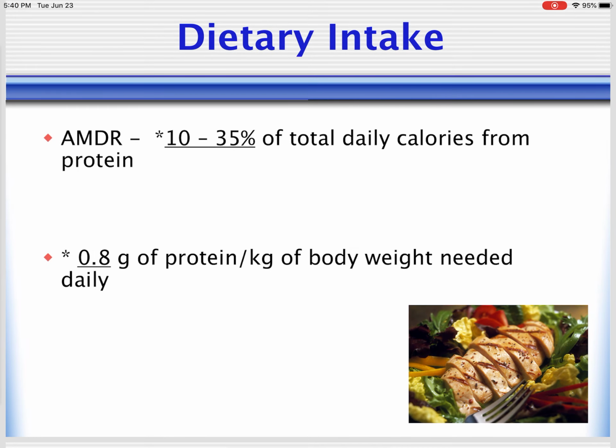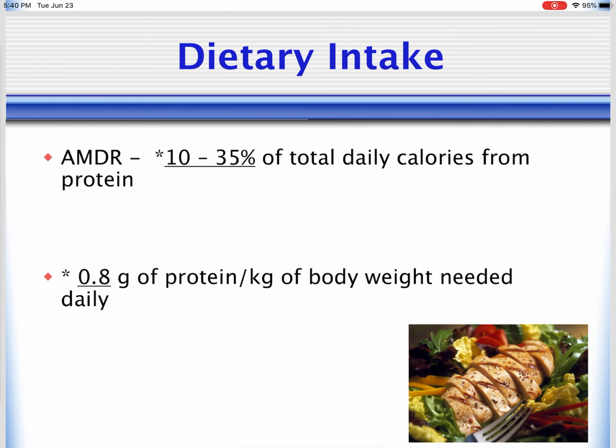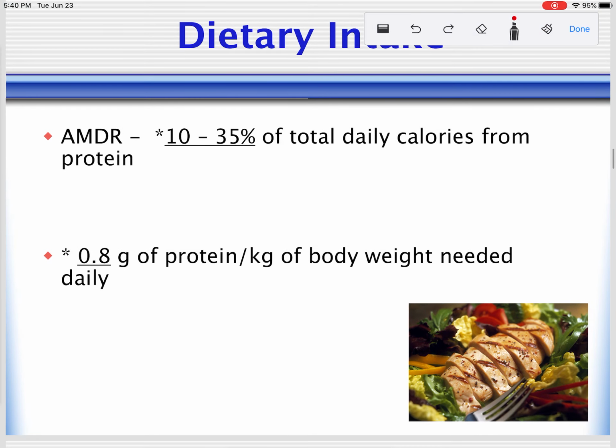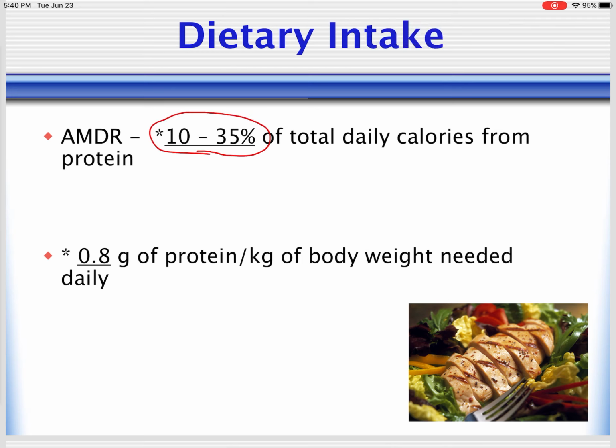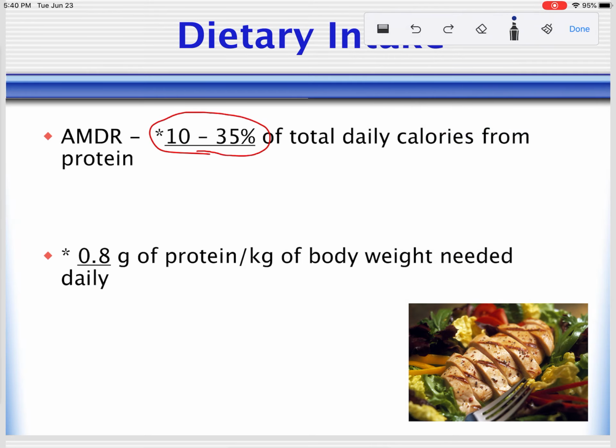What I would like you to know is this information. How much of your diet should come from protein? Somewhere around 10 to 35%. So again, let's review. We can summarize 3 of the macronutrients.